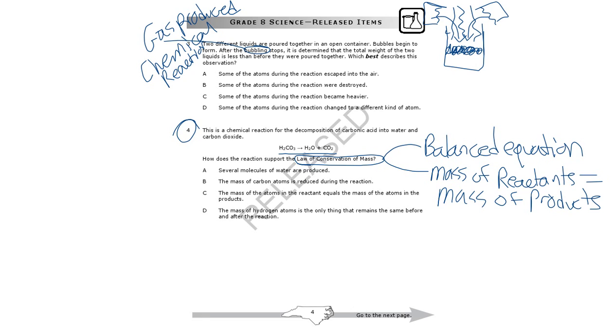Now the same would be true for the numbers of atoms. So we have 2 hydrogen over here. We have 2 hydrogen. We have 1 carbon, 1 carbon. 3 oxygens, 1, 2, 3. So we have the same numbers of atoms on both sides, as well as the same kinds of atoms on both sides.